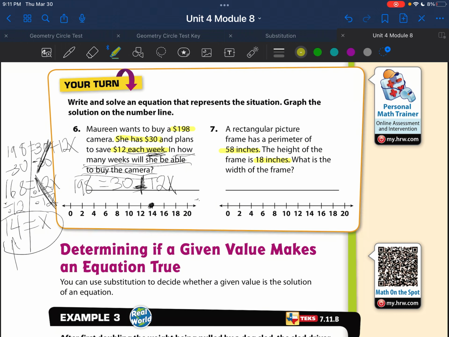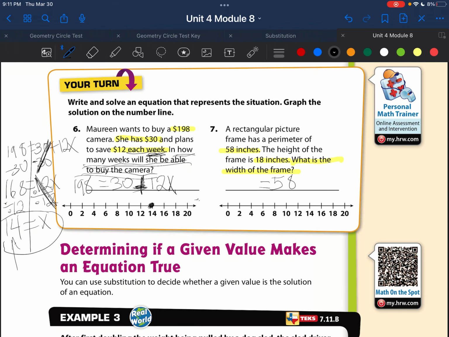Okay, so you should have gone through and underlined what was important. We have 58 inches. We have 18 inches. And we need to know what the width of the frame is. So we know that the perimeter is 58, so we know that the end is 58.